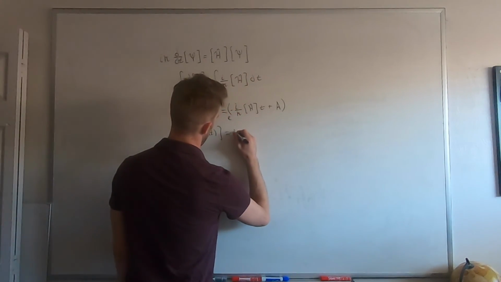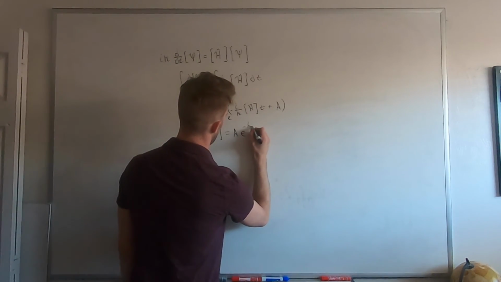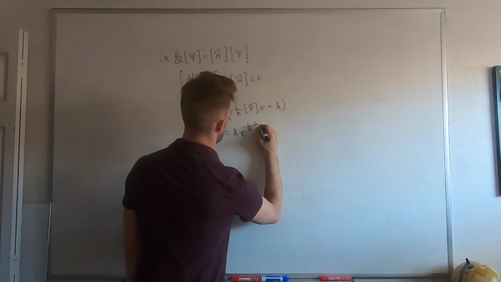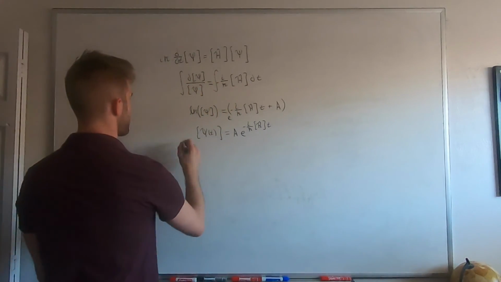Okay, so we're going to have a times e to the negative i over h bar times our Hamiltonian multiplied by t. And there we go. That's basically all there is to it.